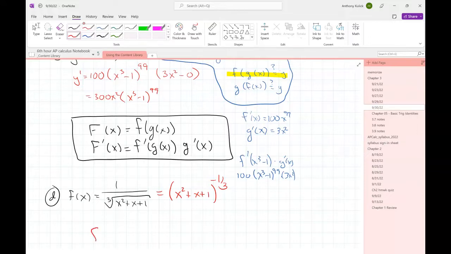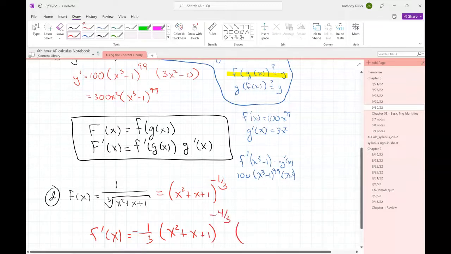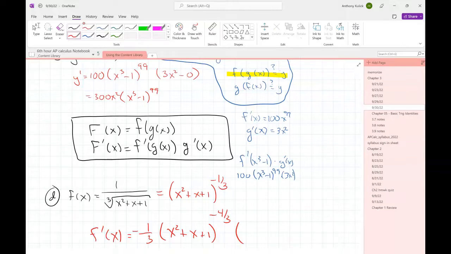Like that's enormously helpful. So the outer function is that x to the negative 1/3. Everybody's cool with that? And the inner is the x squared plus x plus 1.